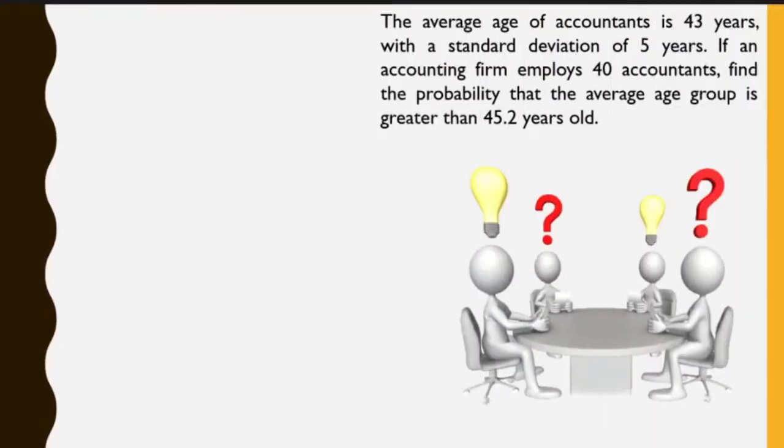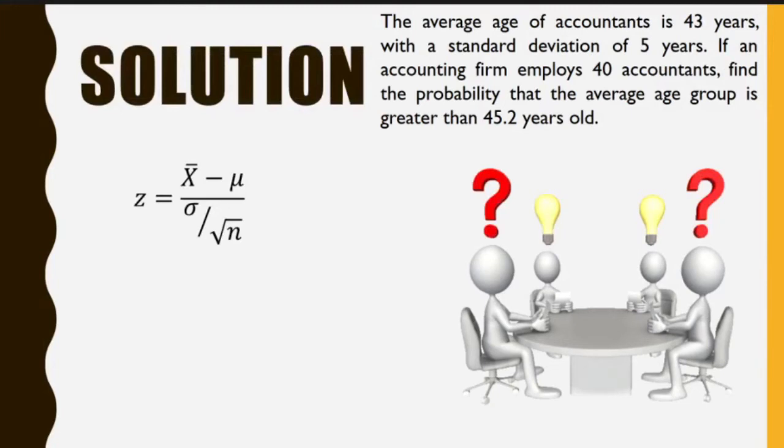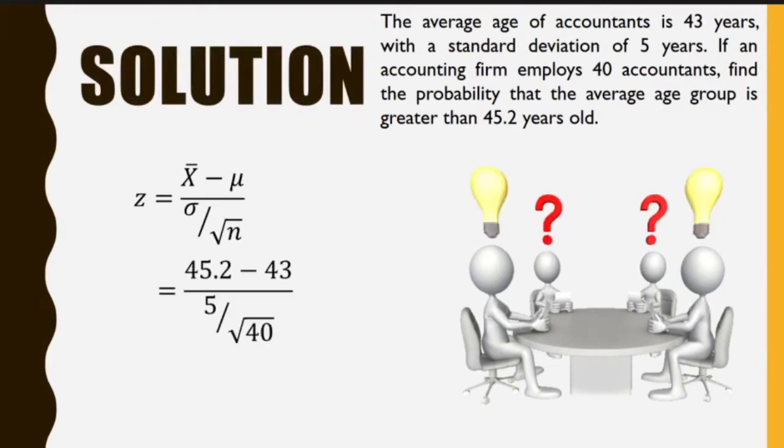So solving this using the central limit theorem, since the sample size is more than 30, we will have z equal to 45.2 minus 43 divided by 5 divided by the square root of 40. Solving for z using your calculator, we will have 2.78.